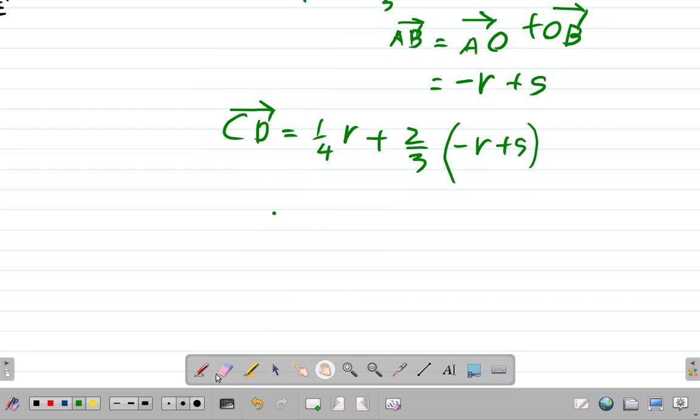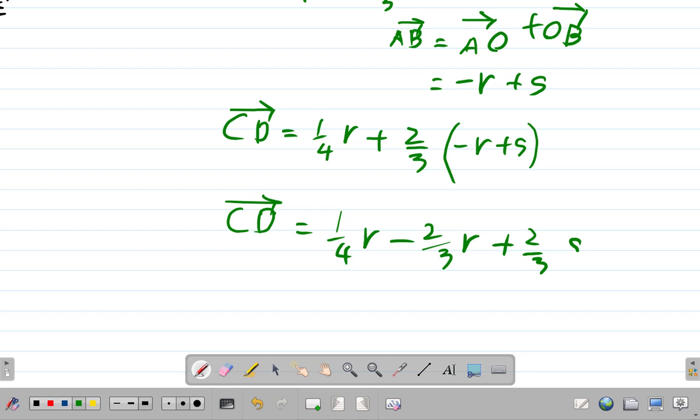So what you do now, you say CD equals a quarter R plus, multiply out the bracket, that's going to be a negative 2/3 R plus 2/3 S. Quarter R minus 2/3 R, how much? Let me do a little fraction.